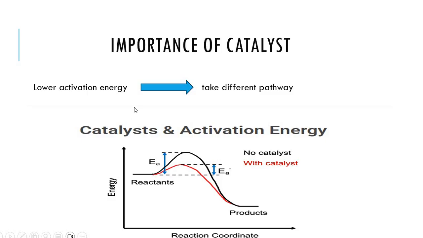It's like a step that reactants should climb in order to turn into a final product. If we look at this diagram, we'll see that without a catalyst, the energy needed to start the reaction is too high.